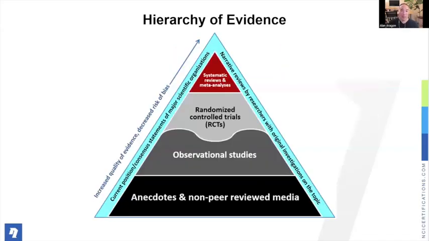So next we have the hierarchy of evidence. There is no official hierarchy of evidence. You may have seen many versions of the hierarchy of evidence as it pertains to the types of research available.